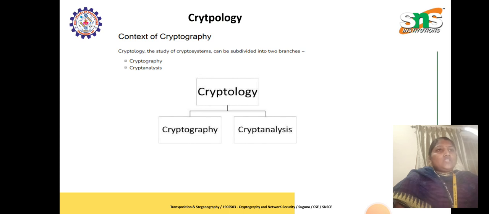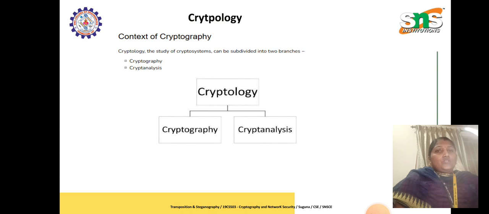It refers to the design of mechanisms based on mathematical algorithms that provide fundamental information security services. Cryptanalysis is a sister branch of cryptography, and they both coexist. The cryptography process results in the ciphertext for transmission or storage. Cryptanalysis means breaking the code in order to identify the key which is used for encryption and decryption.